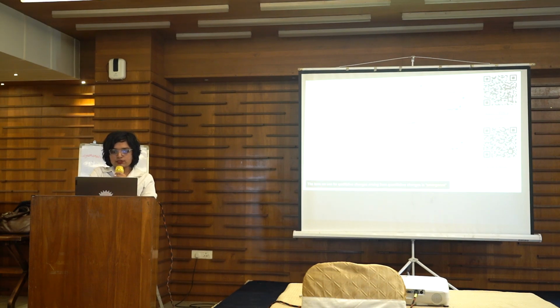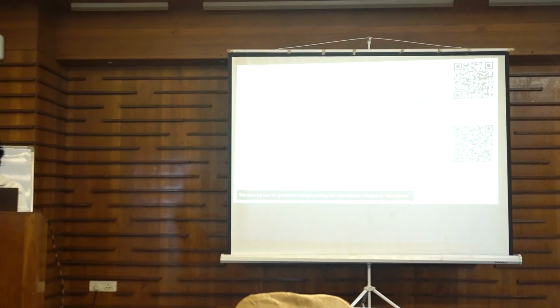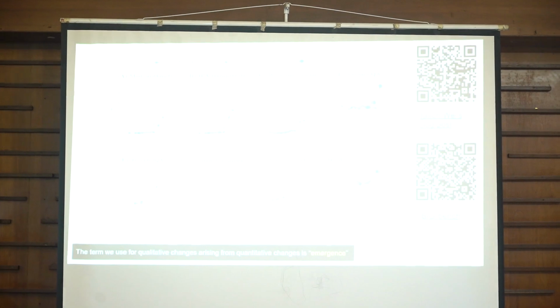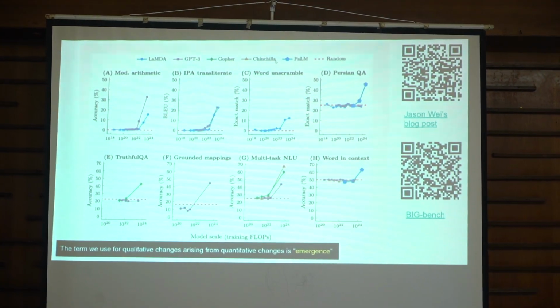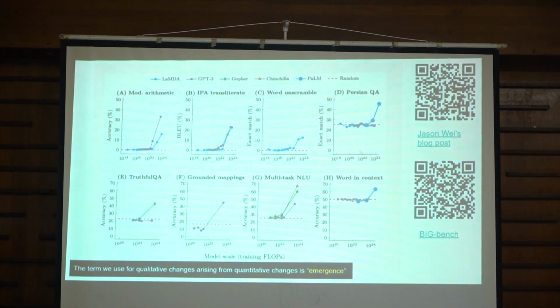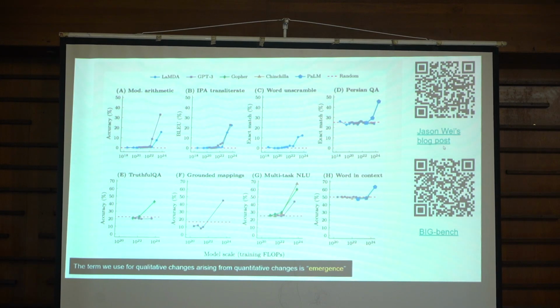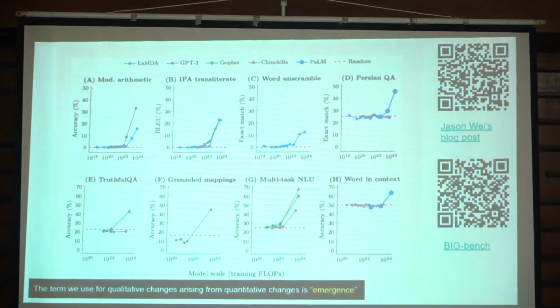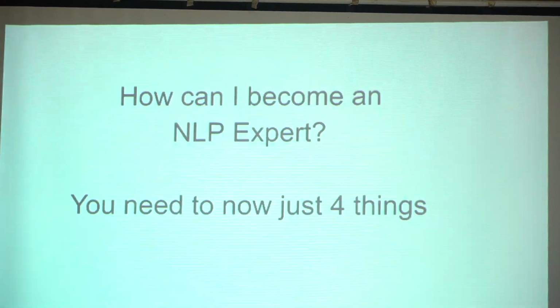So this feature is called emergent performance, and it is tested on different models like GPT-3, Palm, Lambda, etc. So you can read more about it in this blog post, and I will highly recommend checking this benchmark out called Big Bench. It is one of the benchmarks based on which all the models are tested on, and all the new research papers are coming out.